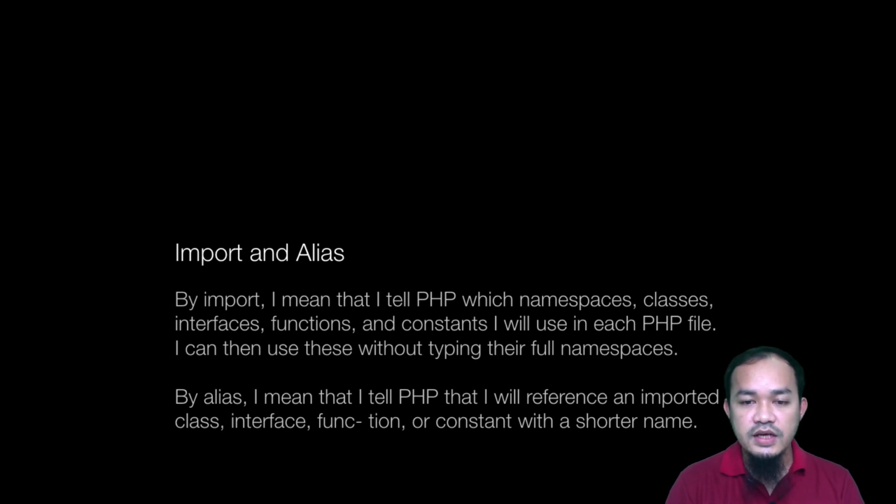By alias, I mean that I refer to the imported class, interface, function, or constant with a shorter name. These are the two things we consider here: one is import to use, and the second is alias, which makes the long name short, just one or two letters that we can use.